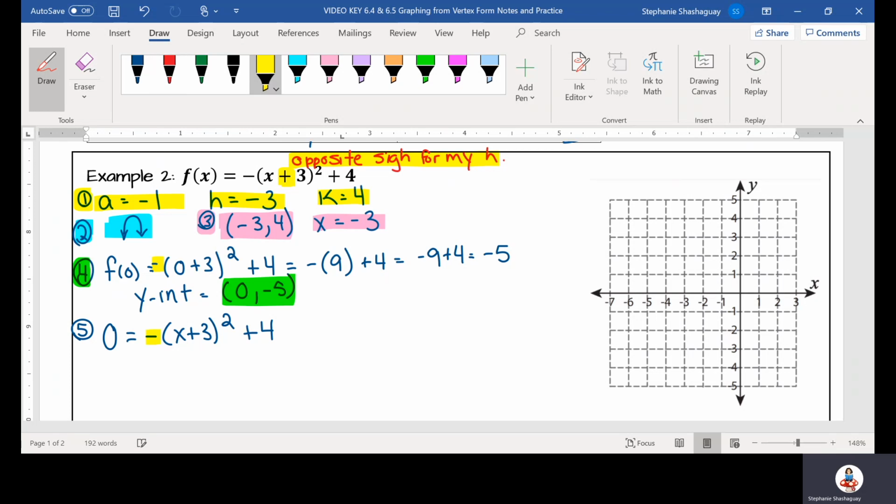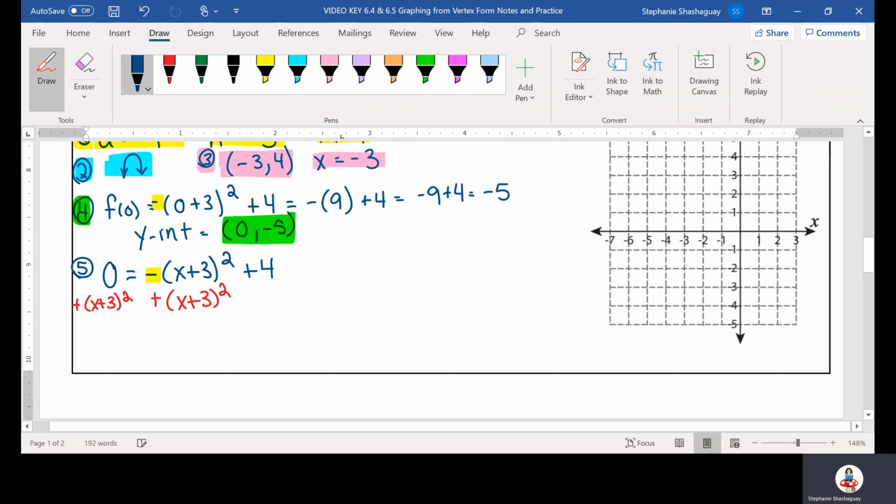Because I have a negative in front of that binomial, I'm going to add that binomial to the other side instead of subtracting that 4. So I can add x plus 3 squared to both sides. And then I get x plus 3 squared is equal to a positive 4.